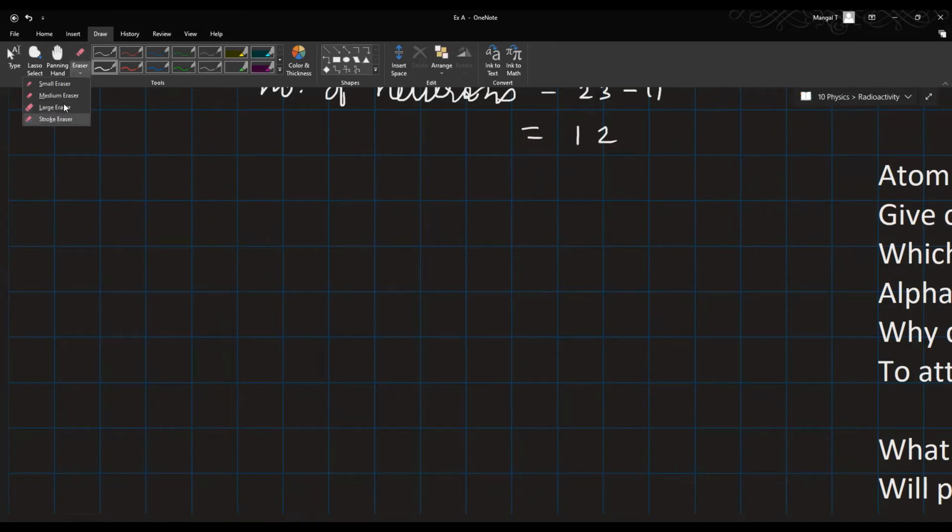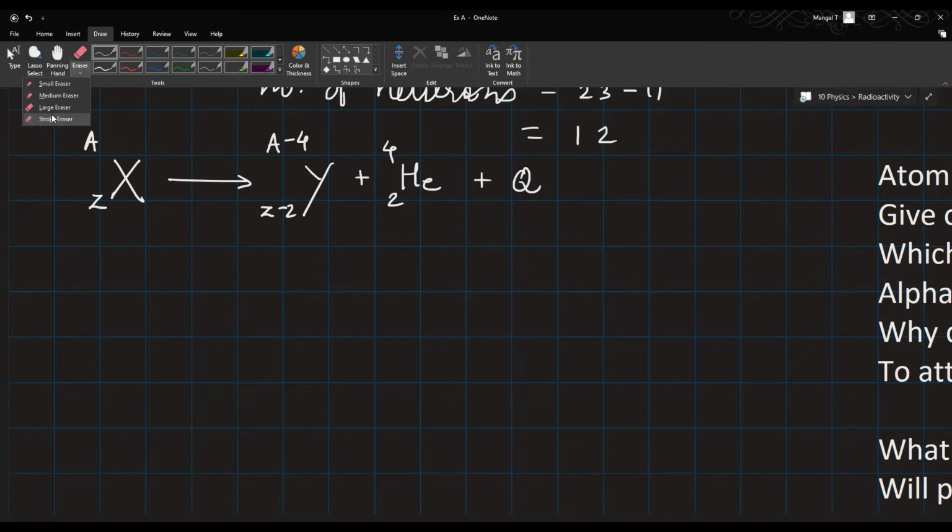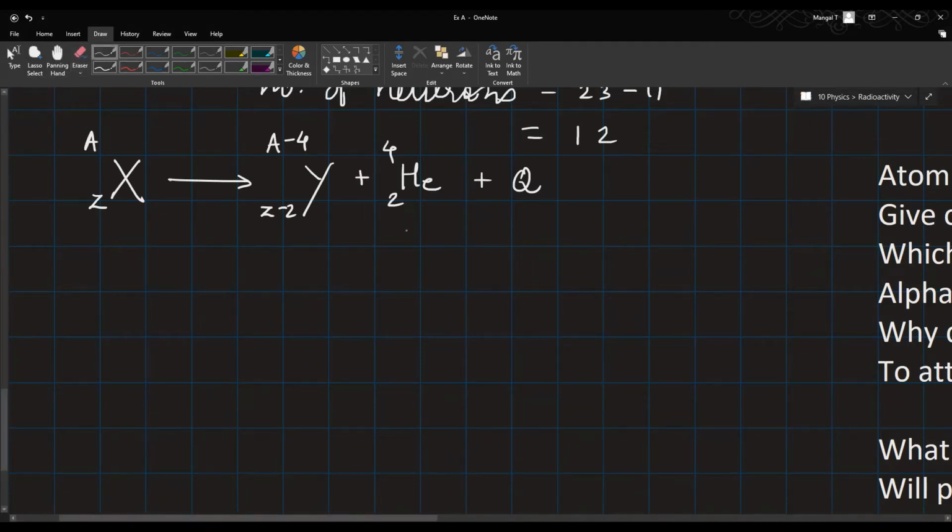This is A and this is Z. Now, when it gives out an alpha particle, the atomic mass number reduces by 4 and the atomic number reduces by 2. This is a very simple equation that you need to remember.